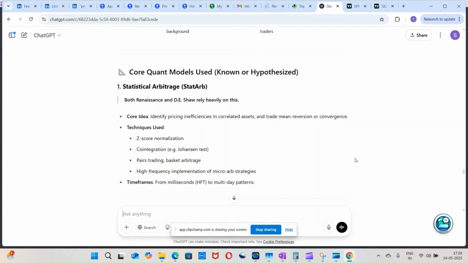From milliseconds to multi-day patterns are identified and traded upon, and both funds heavily rely on this model. Techniques used for this are pairs trading, basket arbitrage, and high frequency implementation of micro arbitrage strategies. So this is the first one.